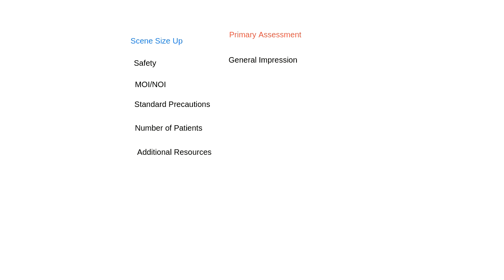Now that we have completed the general impression, what would be the next step, Mr. Jennings? The next step would be to assess his level of consciousness and the ABCs. Hold on. LOC would be next, yes? How would you ascertain the patient's level of consciousness?